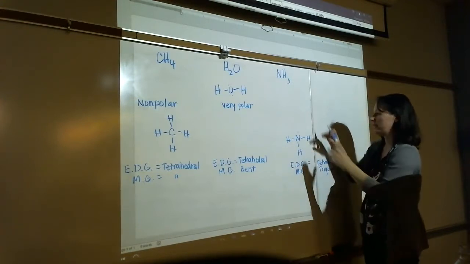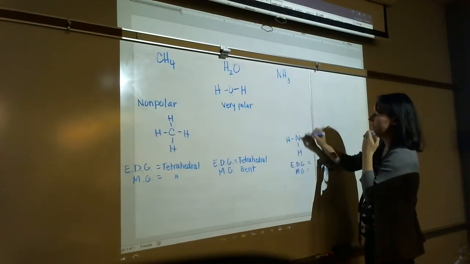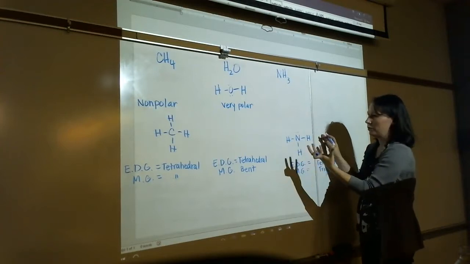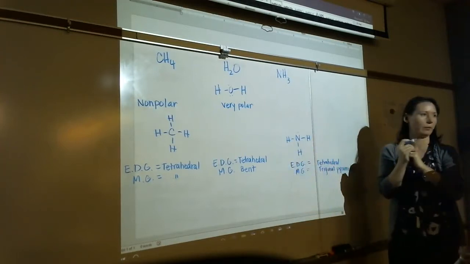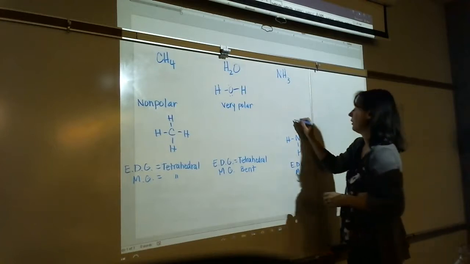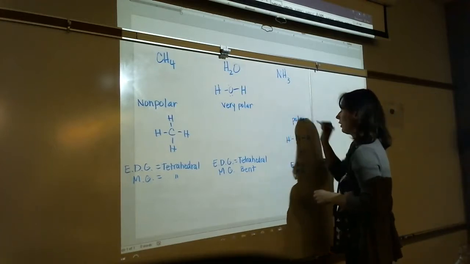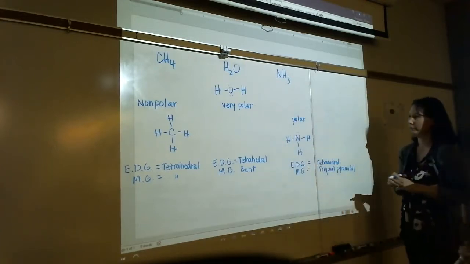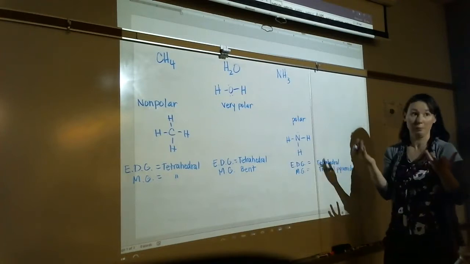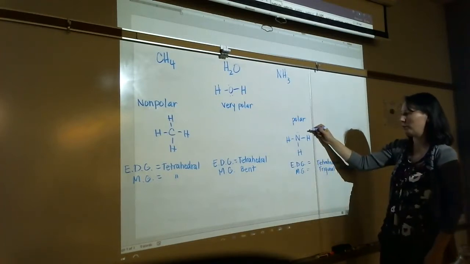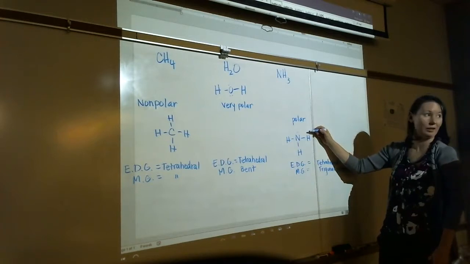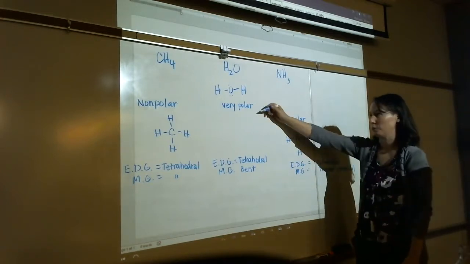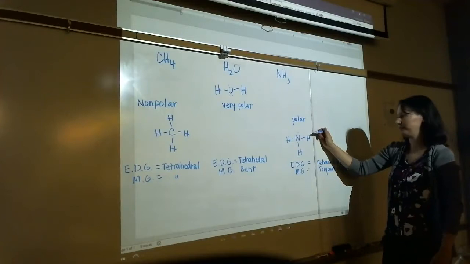No. So you got this big electron density right here on the nitrogen, and therefore, would this be a polar molecule? Yes, it is polar. Is it as polar as water? Not as polar as water. But it is still pretty polar. Don't get me wrong. The dipole moment for ammonia is not anything to sneeze at. It's not as bad as water's, but it's still pretty polar.